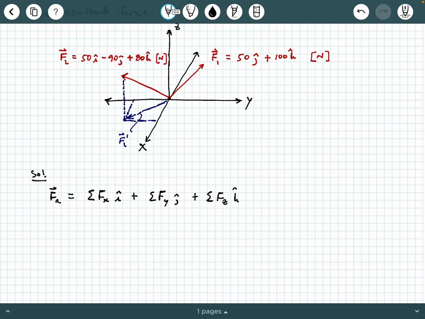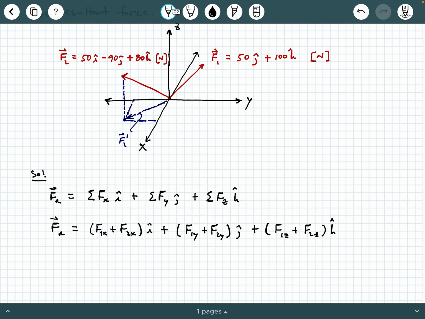Because we have two forces, we can expand this out and say the resultant Cartesian vector is F1x plus F2x times i, plus F1y plus F2y times j, plus F1z plus F2z times k.